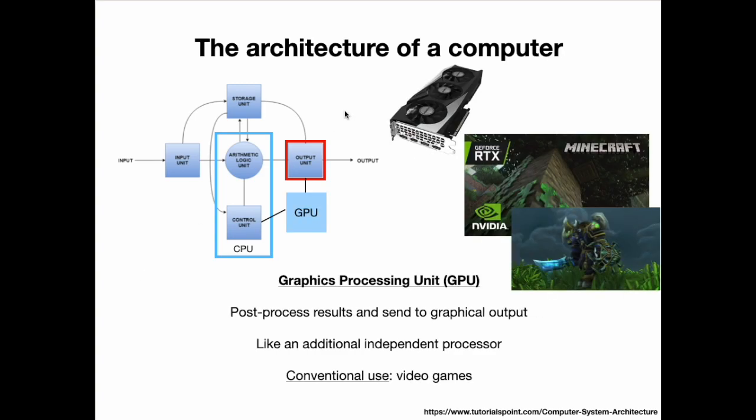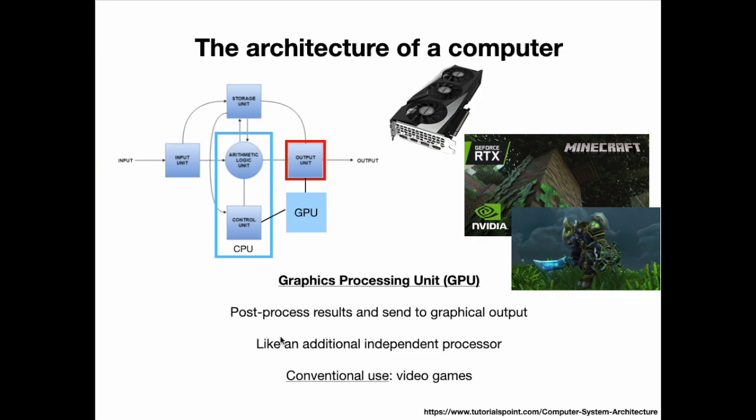So another unit which is becoming more and more important in computers is the GPU. So the GPU is a graphical processing unit. It's used to post-process results and send them to the graphical output.